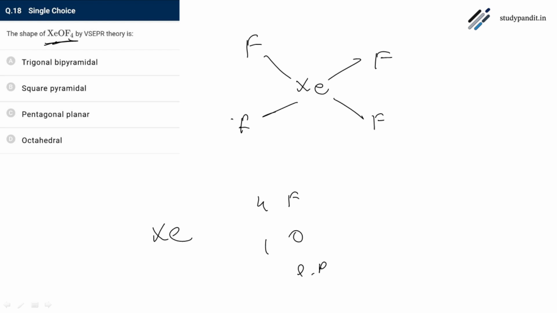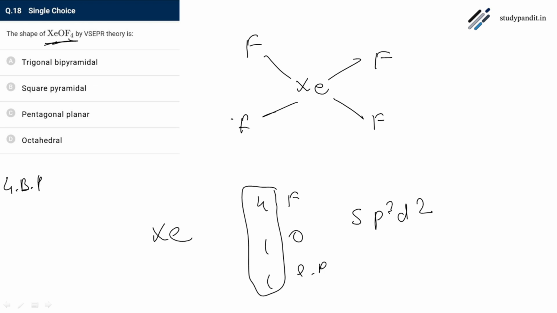So the lone pair will be 1. So the hybridization will be sp3d2.